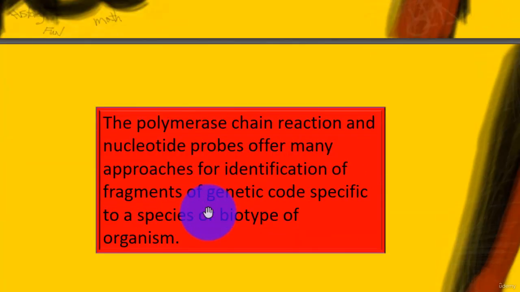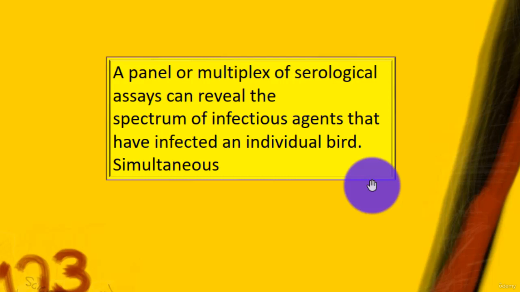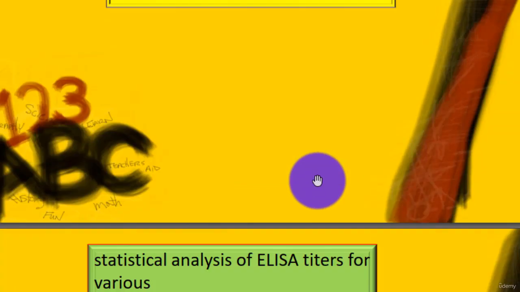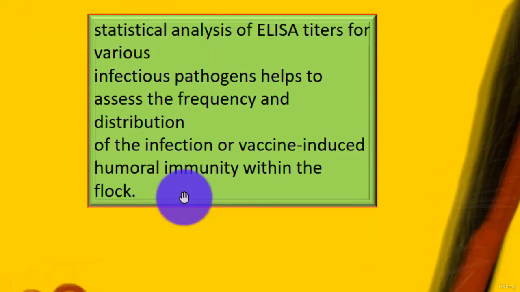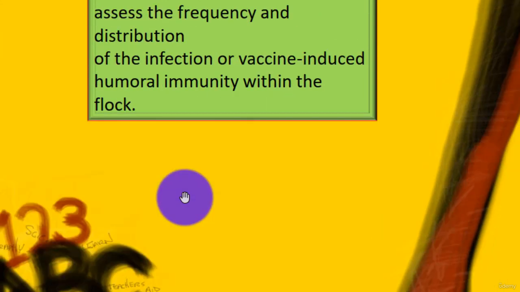The polymerase chain reaction and nucleotide probes offer many approaches for identification of infectious agents that have infected an individual bird simultaneously. Statistical analysis of ELISA titers for various infectious pathogens helps to assess the frequency and distribution of the infection or vaccine-induced humoral immunity within the flock.